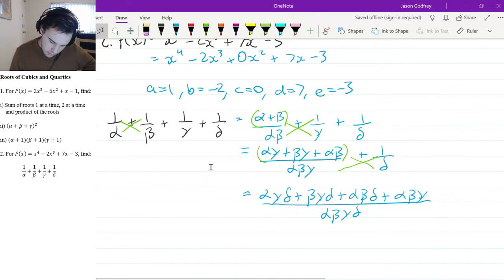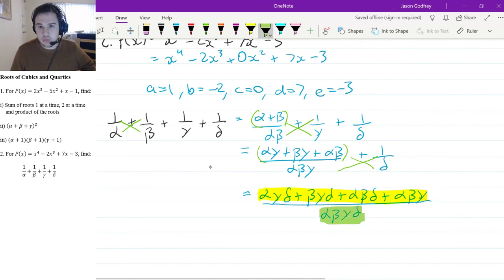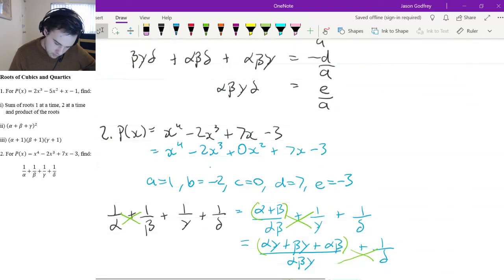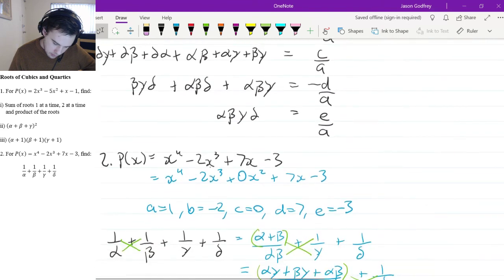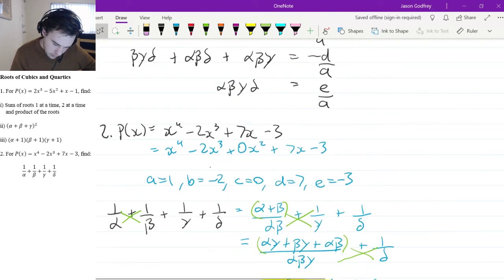So notice this one here. The numerator is the sum of the roots 3 at a time, and the denominator is the product of the roots. So rather than finding all 4 of the different expressions, we'll just find these 2. So if we look back up here, we've got the sum of the roots 3 at a time. I only did 3 there, we're missing 1.